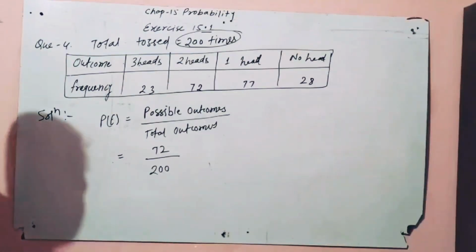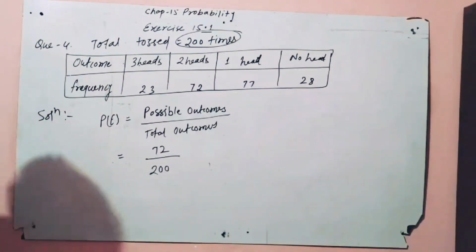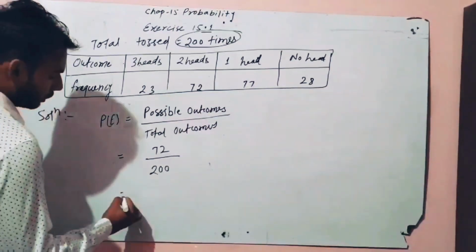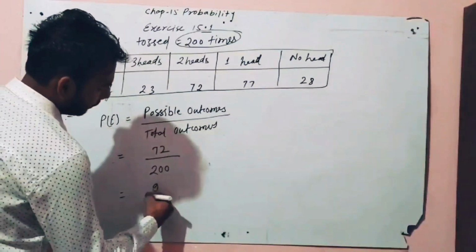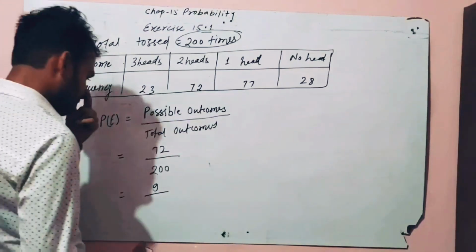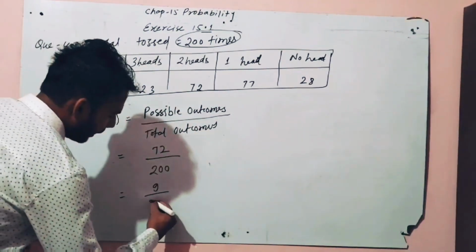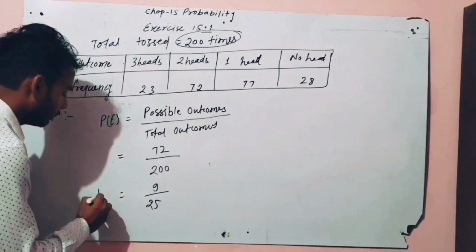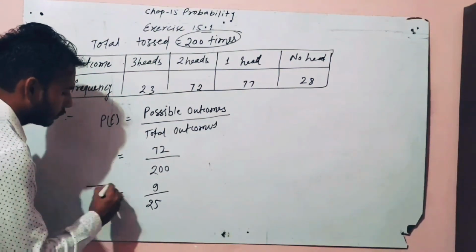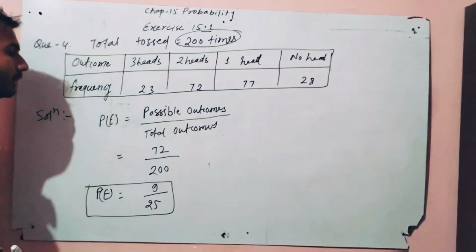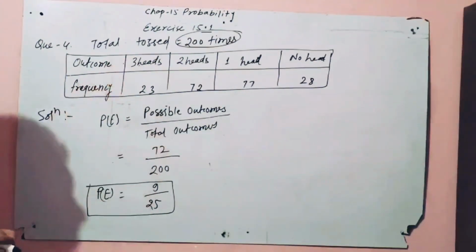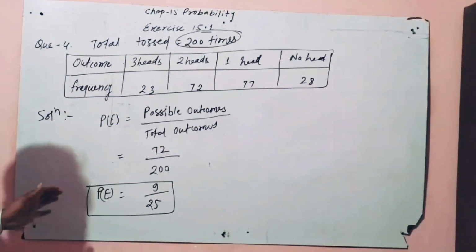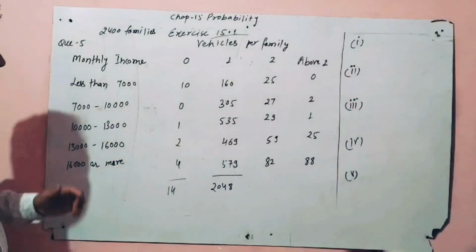As you can see, I think they both are divisible by 8. So you should divide by 8. 8 9s are 72, and 200 divided by 8 is 25, 8 25s are 200. So you have the probability P(E) equal to 9 upon 25 for two heads coming. This is the solution for this.